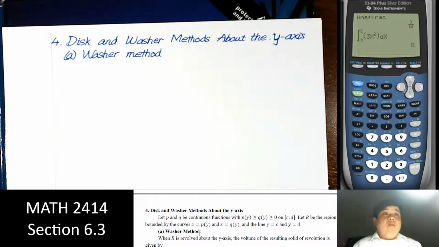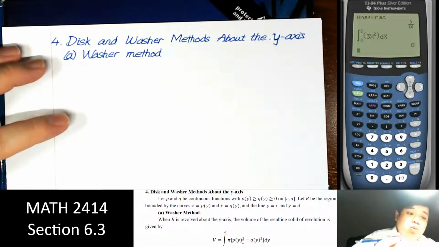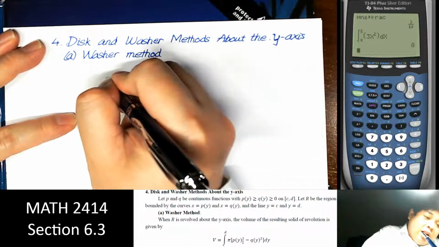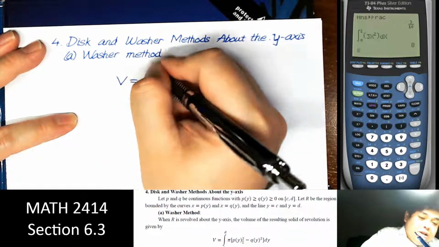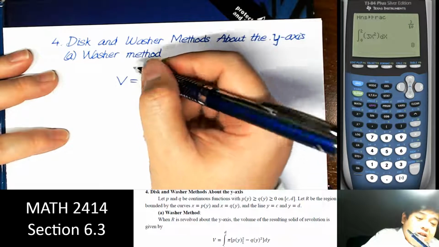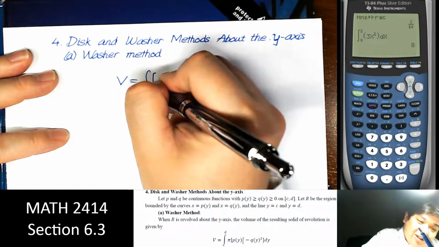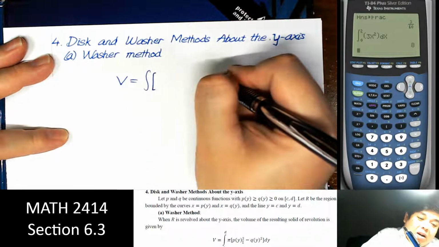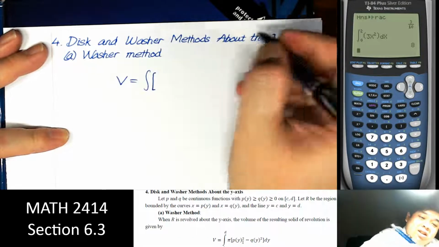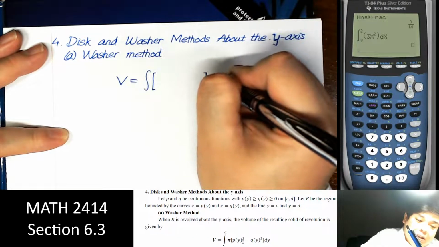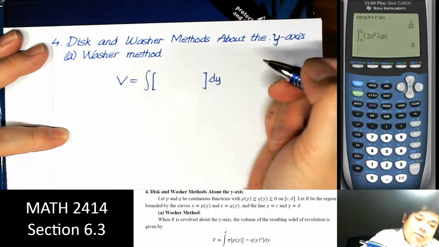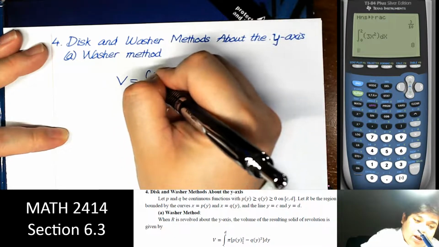I'm not going to write the formula like what they have here. It is a bit complicated. I just want to write like this instead. It's going to be volume, some limits, doesn't matter. But since we rotate about the y-axis, it is going to be dy. There's a pi here.